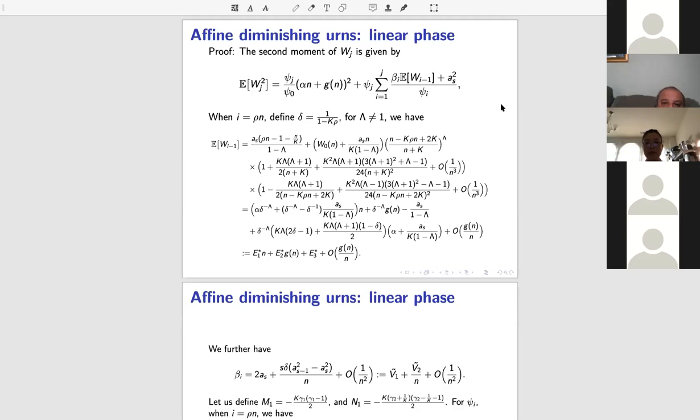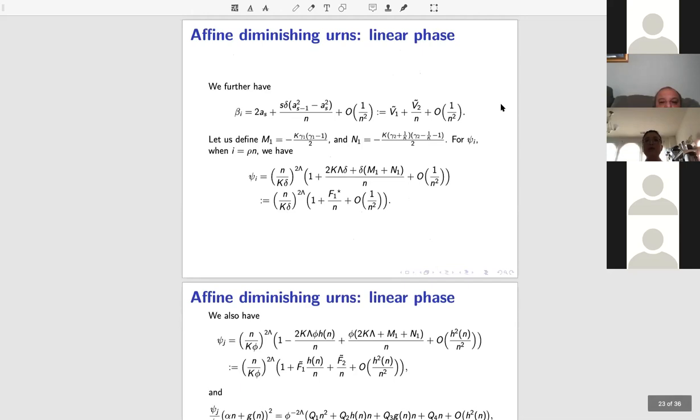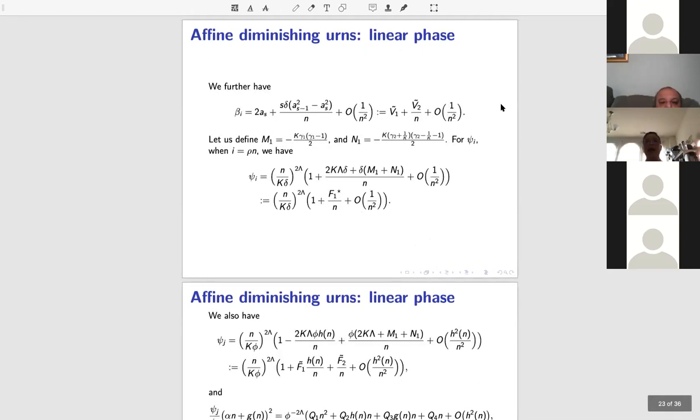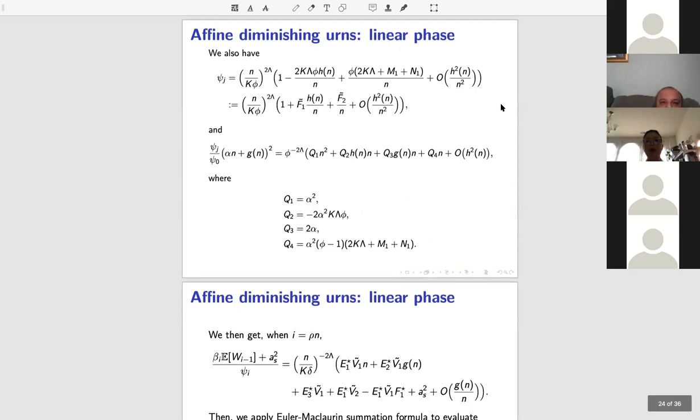As preparation, first we do asymptotic expansion for all the factors inside the sum. We have the asymptotic expansion for EWI minus 1, expansion for beta I, and the expansion for psi I. We also do an asymptotic expansion for psi J, and this factor with the square term.